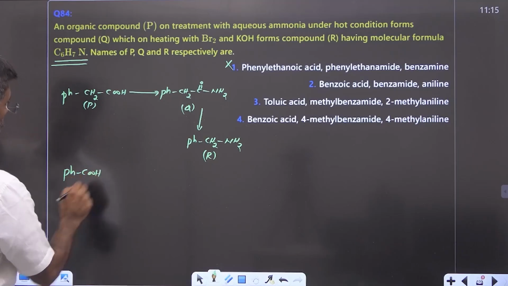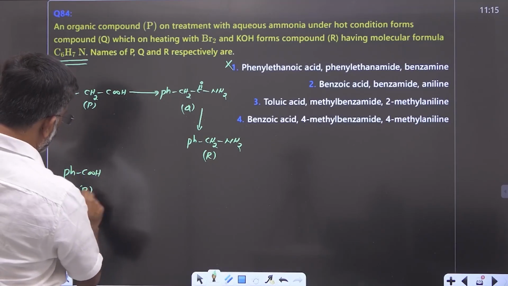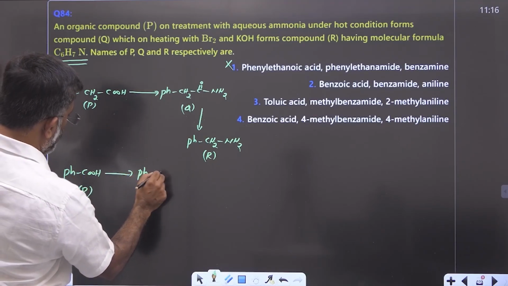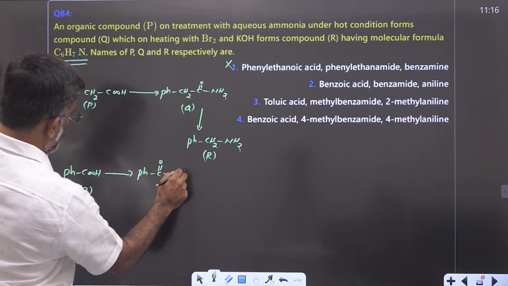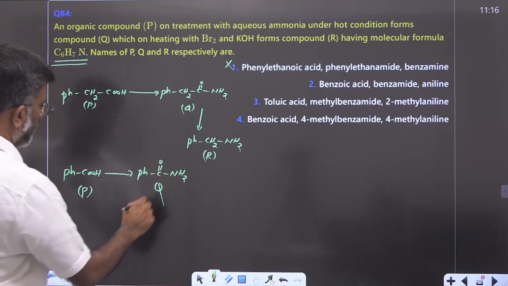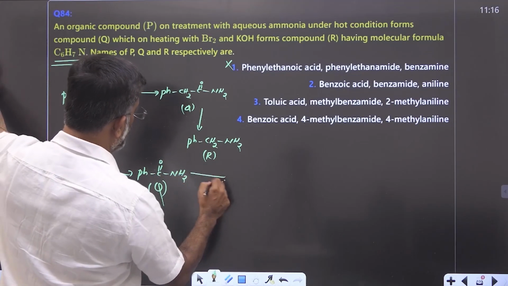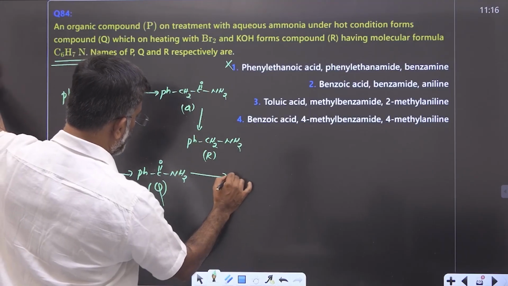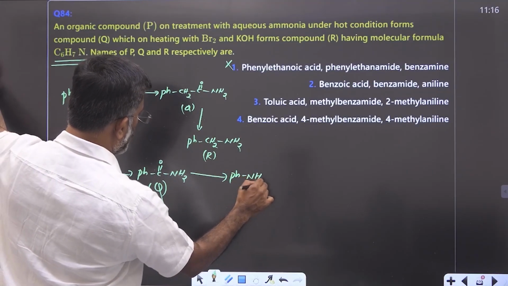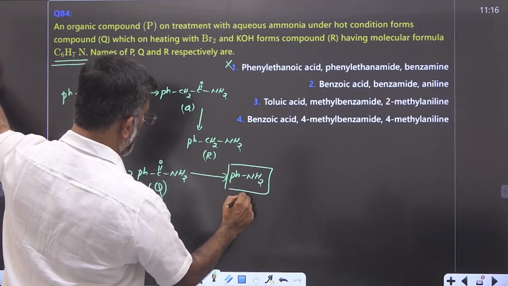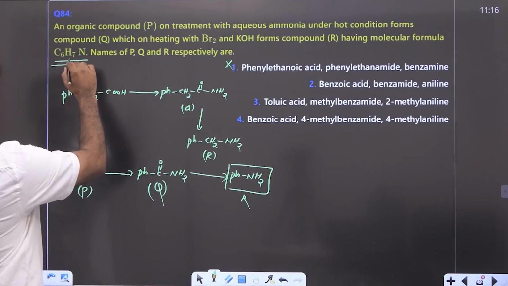Benzoic acid, this is P, will give you PhCONH2, that is Q, and that with bromine and KOH you get PhNH2, that is R. That is matching with the formula.